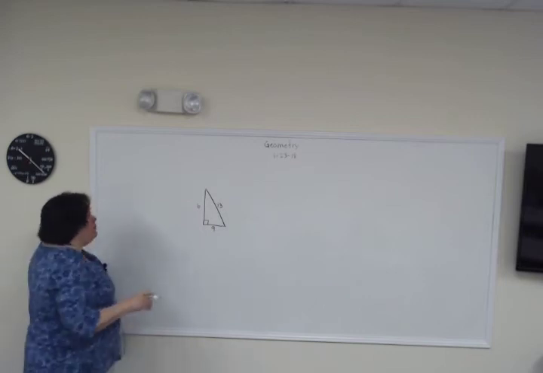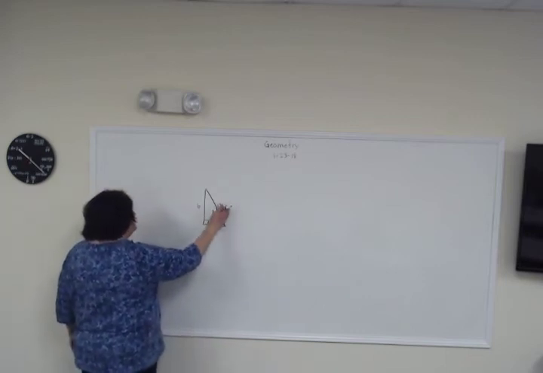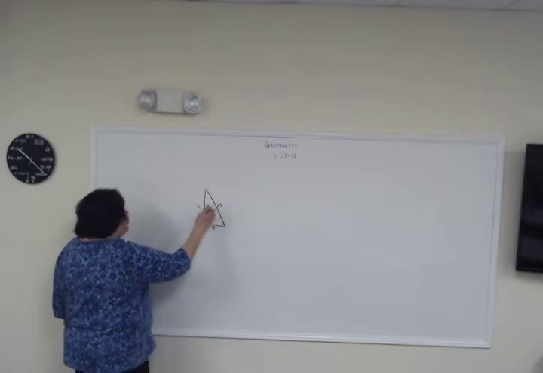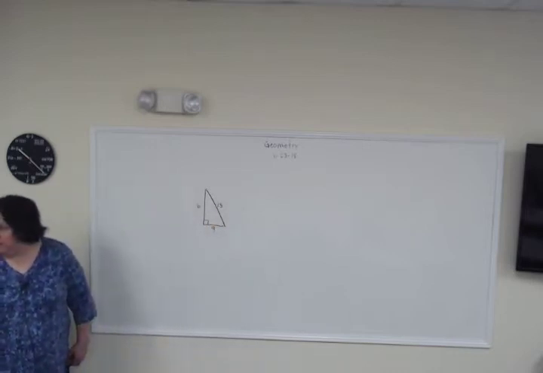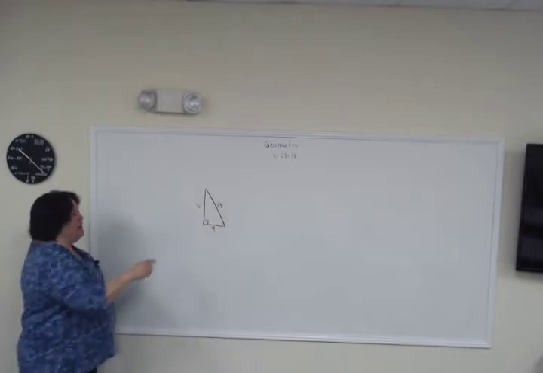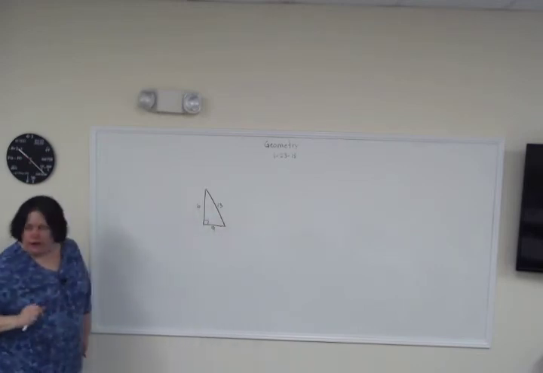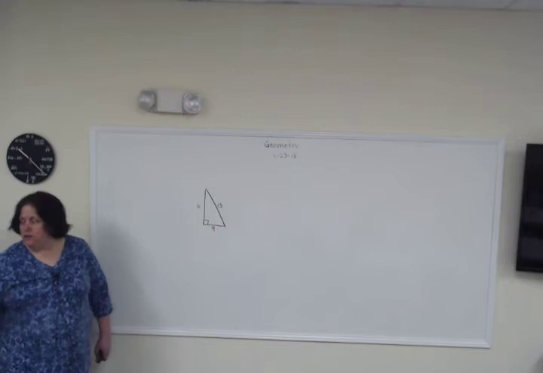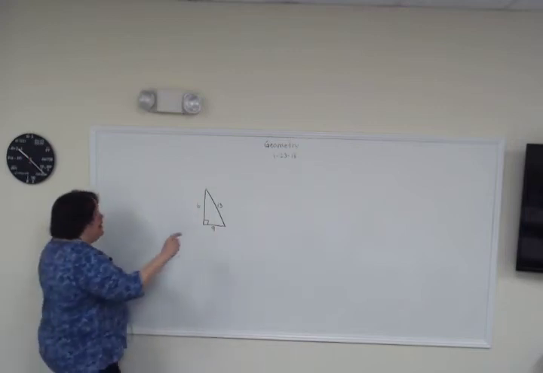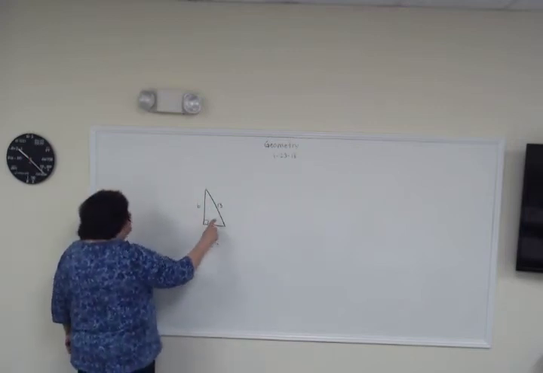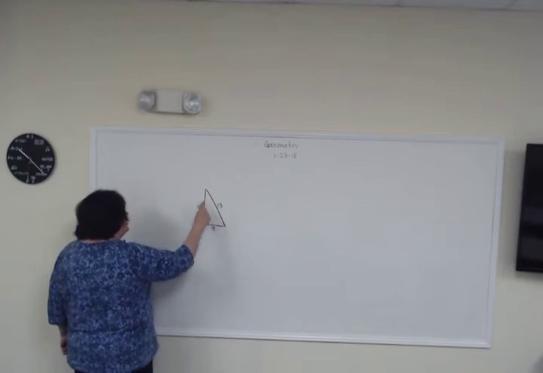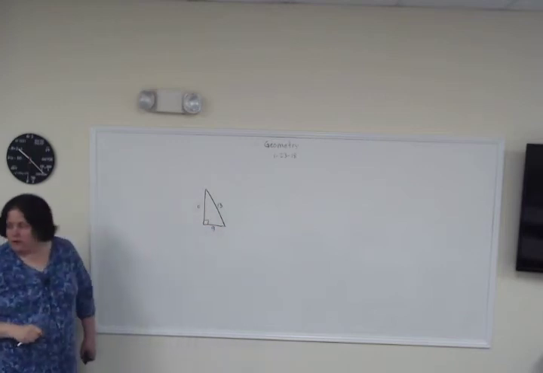Now, Patrick, remember, when they give us the hypotenuse, this is our whole, isn't it? It's this squared plus this squared equals this squared, right? So the converse is our whole squared minus one of our parts squared will give us our other part squared.